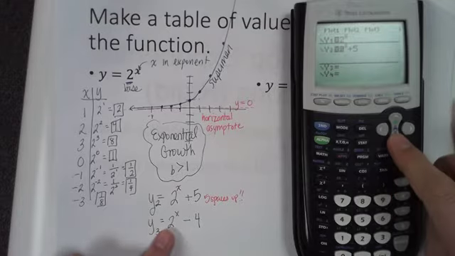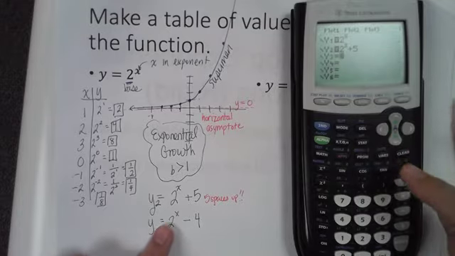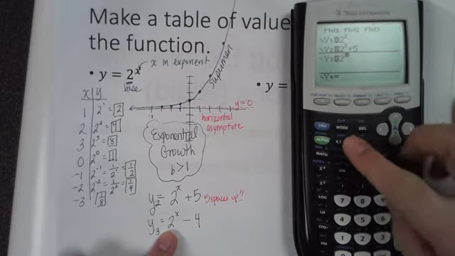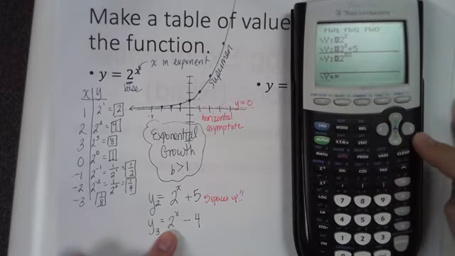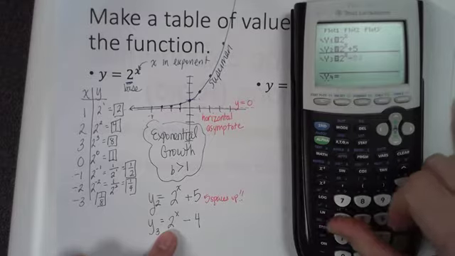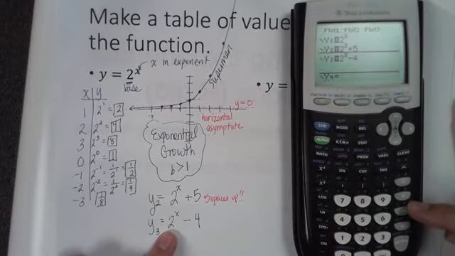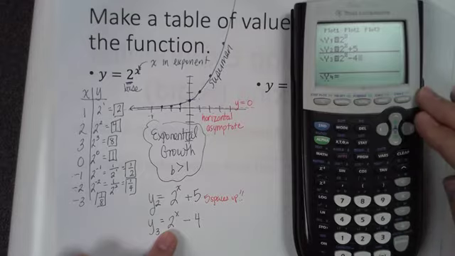Okay, so now in y3, will you type in 2 caret x, arrow out of that, and then do subtract 4. Make sure you're using subtract, not a negative. Okay?